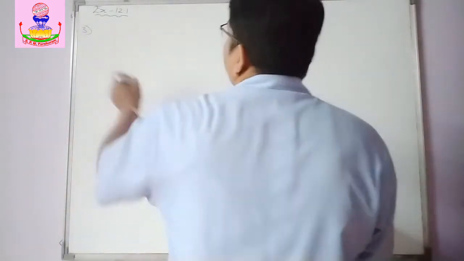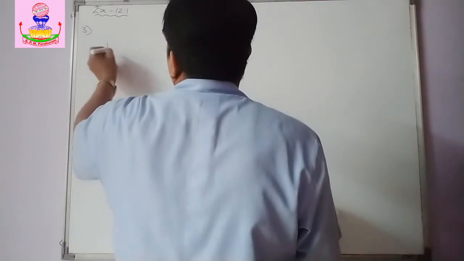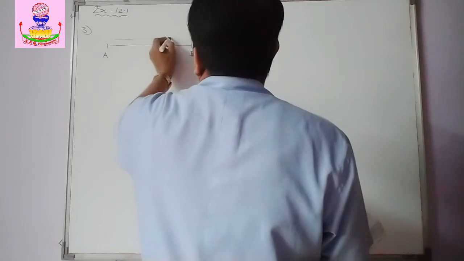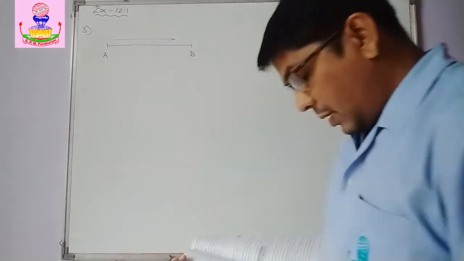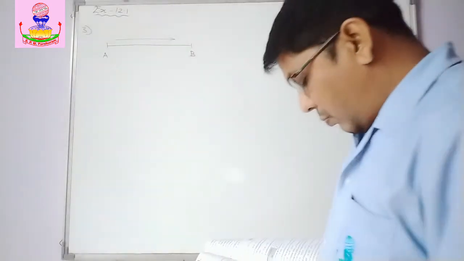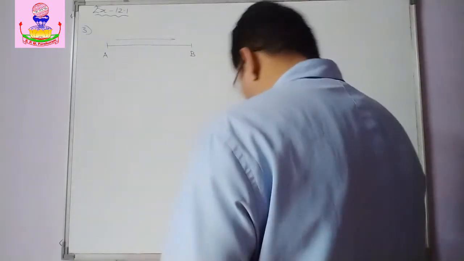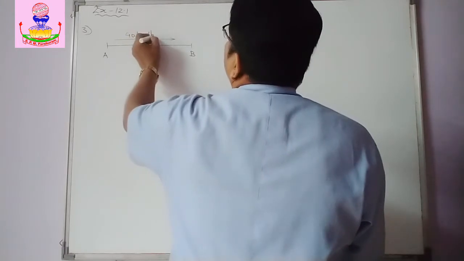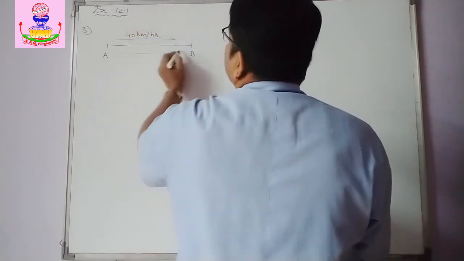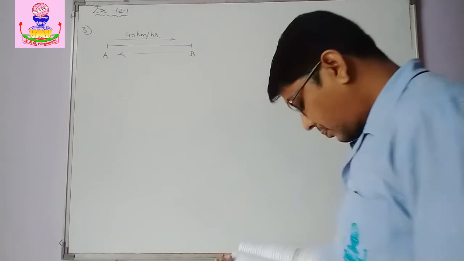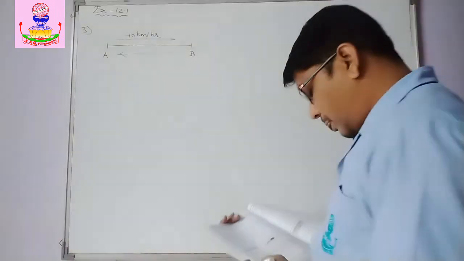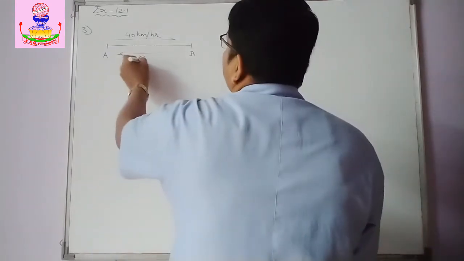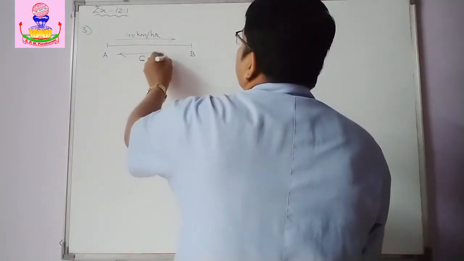So suppose this is place A and this is B. While going from A to B, the average speed was 40 kilometers per hour, and while coming from B to A, the average speed was 60 kilometers per hour.